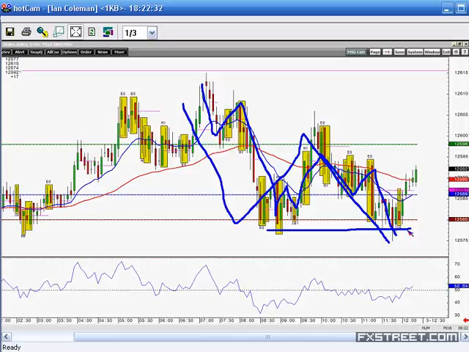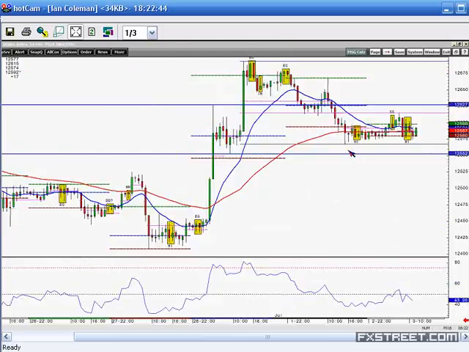So I'm not waiting for it to get down to 125.52 because I don't think it's going to get to that level. And obviously, if we look to the hourly chart, we know we've got strong support here. Price action has failed.